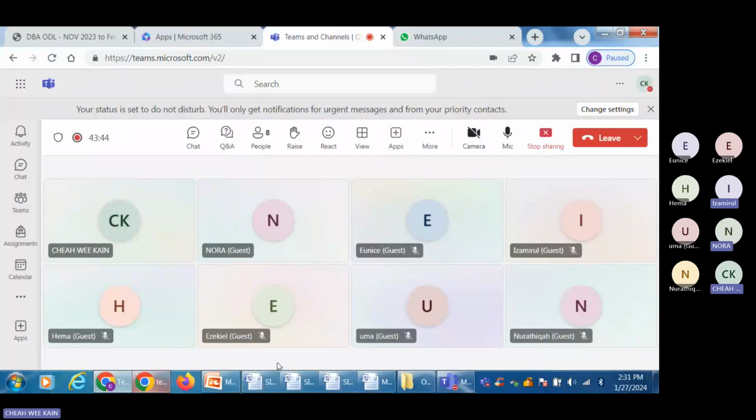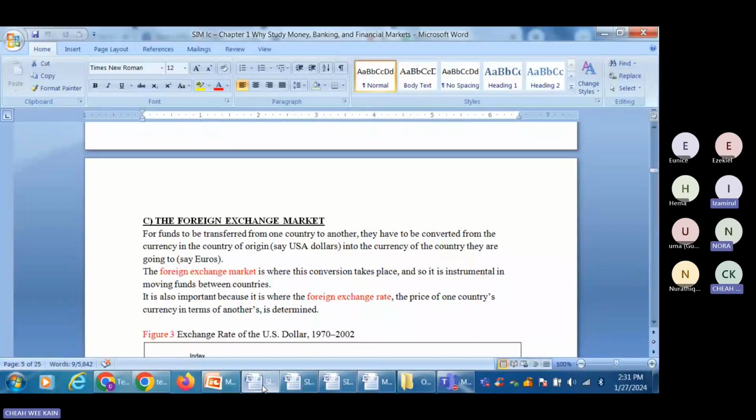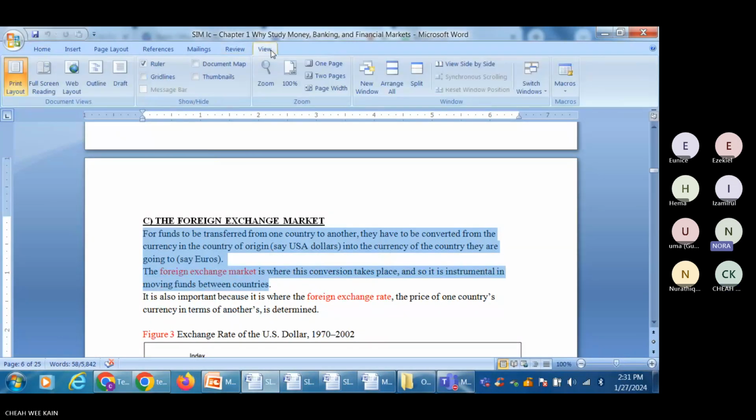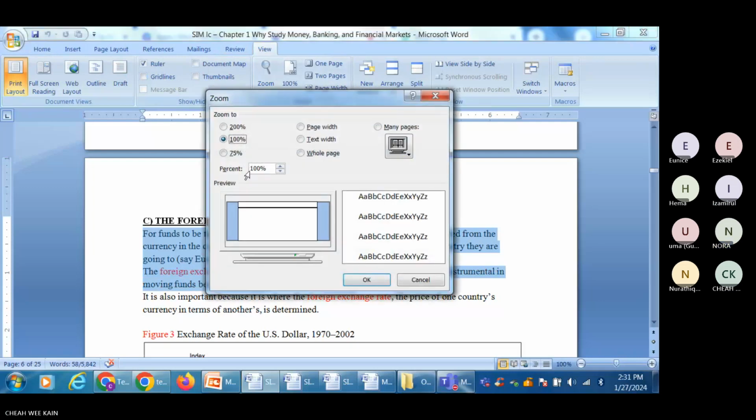If you look at the SIM, so you can see from here, is the wording too small? Can you all see? Small. Bigger a bit, please. 120.